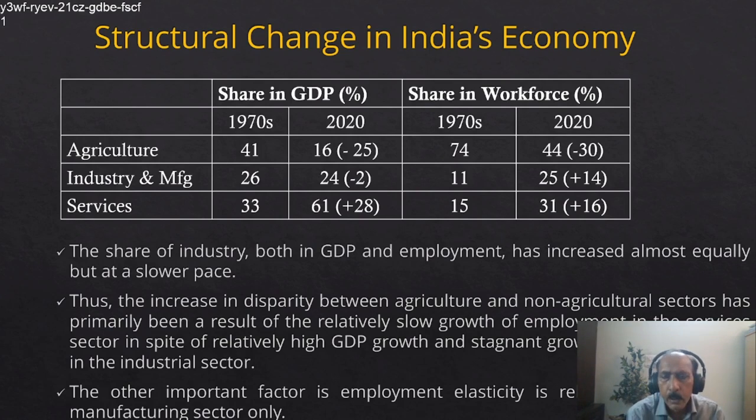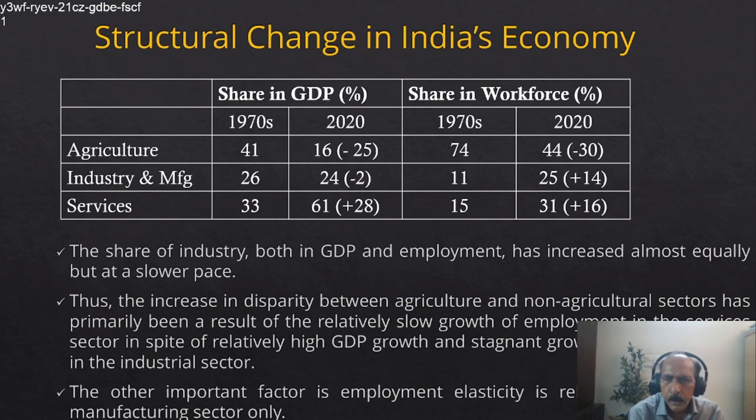But if you look at agriculture, it has been the major source of livelihood in India right from the beginning. In the 1970s, three-fourths of the workforce was employed in agriculture, and agriculture was contributing around 40% in GDP.